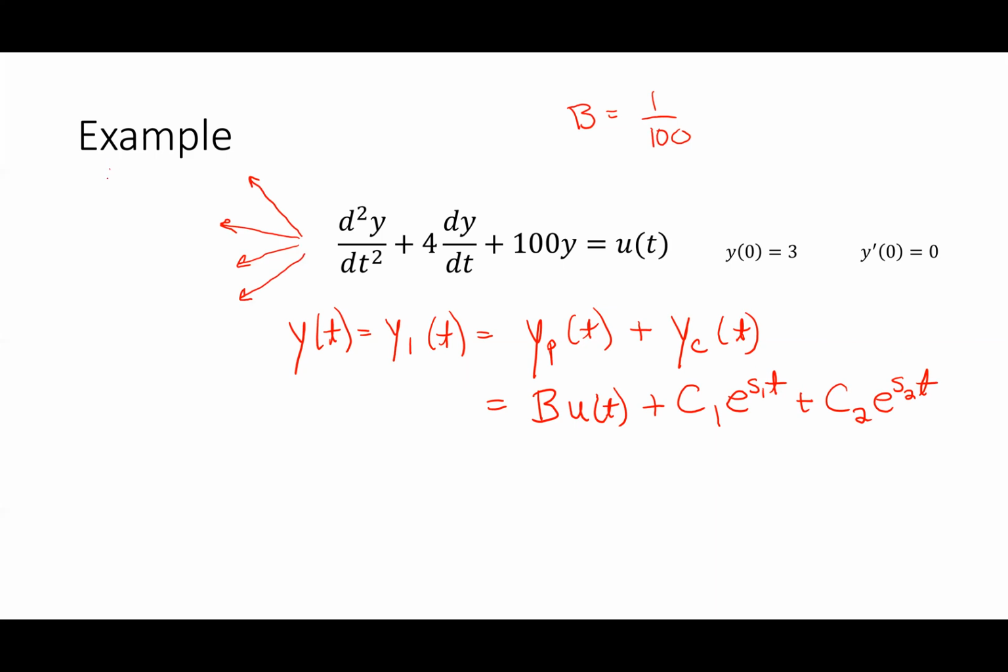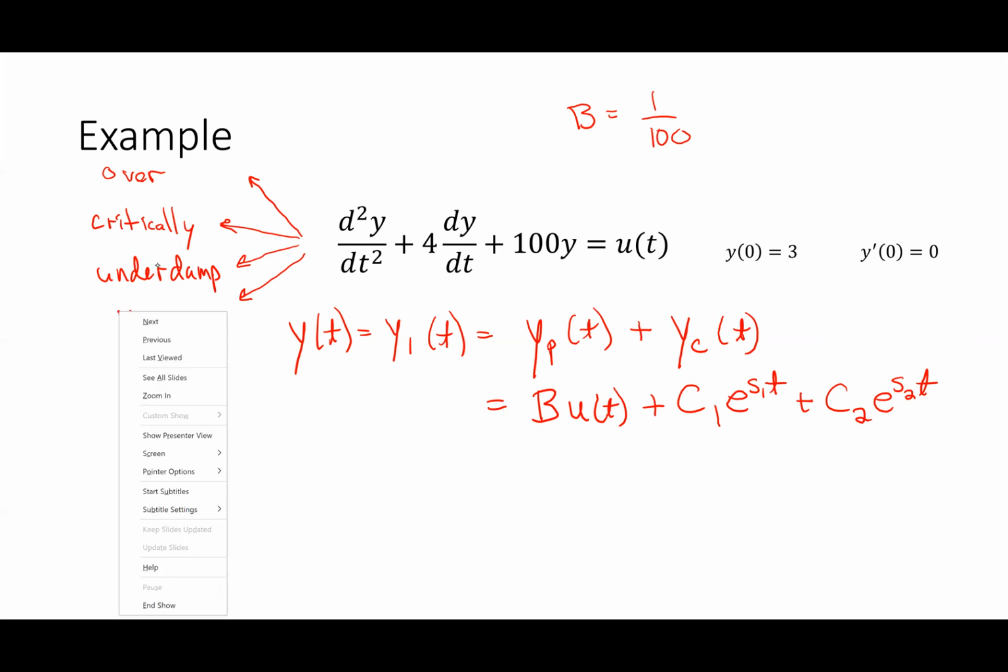One could be overdamped. One could be critically damped. One could be underdamped. And one could be what we called undamped.